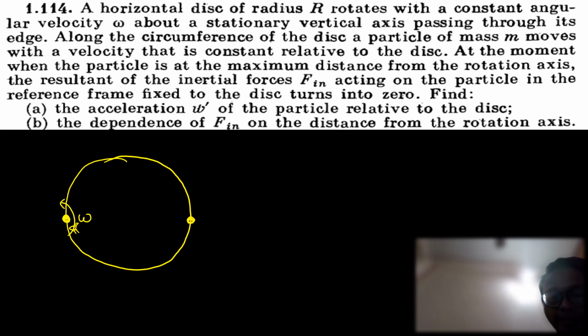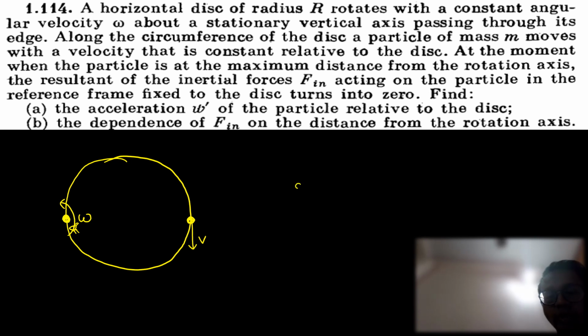This particle is moving with velocity v, and the net force acting on this particle is equal to 0 according to someone sitting on this axis. So the total force acting on this particle is equal to 0.